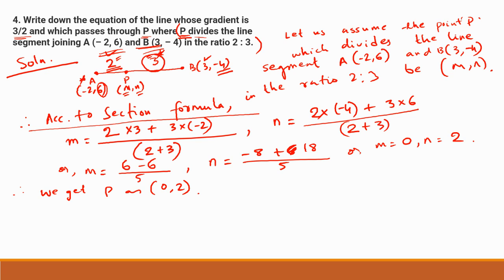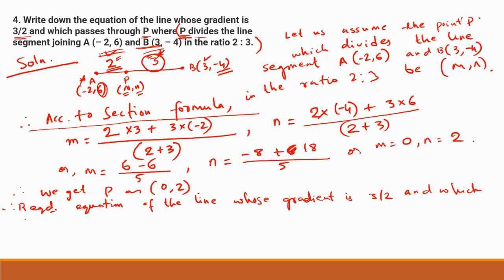Now write down the equation of the line whose gradient is 3 by 2 and which passes through P. Okay, so basically you can directly write: therefore the required equation of the line whose gradient is 3 by 2 and which passes through the point P is y minus y1 equals m times x minus x1.